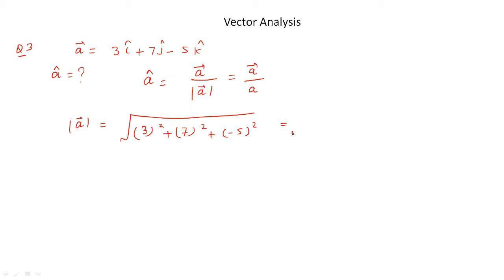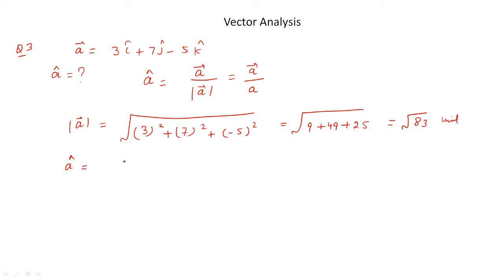So it comes out to be 9 plus 49 plus 25. So when we solve it, it comes out to be root 83 unit.